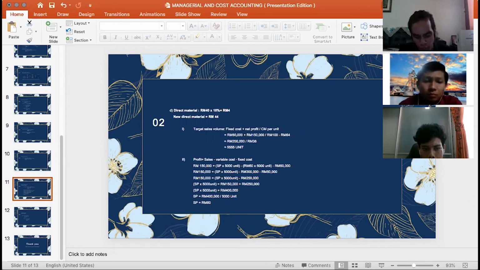Okay. Next is D. If the direct material cost increased by 10% and Puncak Berhad would like to maintain its annual profit, calculate. Okay, for the first, we find target sales volume. For the direct material, 40 ringgit times 10%, we get 4 ringgit. New direct material is 44 ringgit. Target sales volume, fixed cost plus net profit divided by contribution per unit.